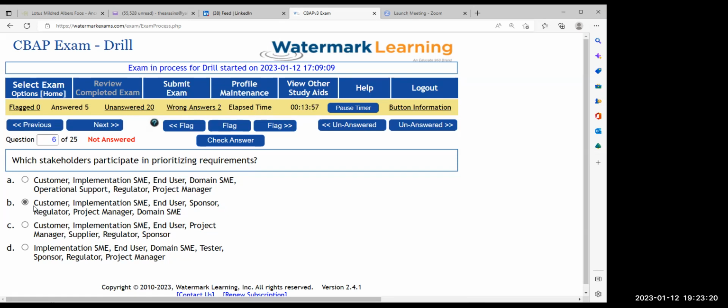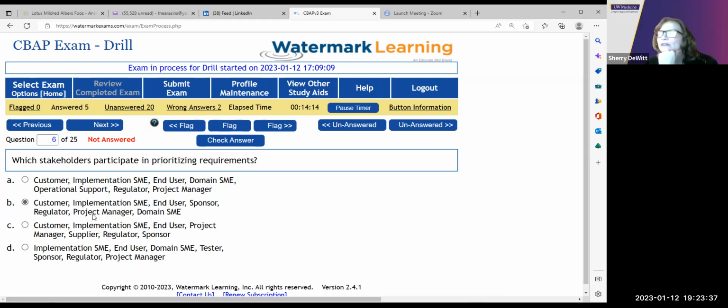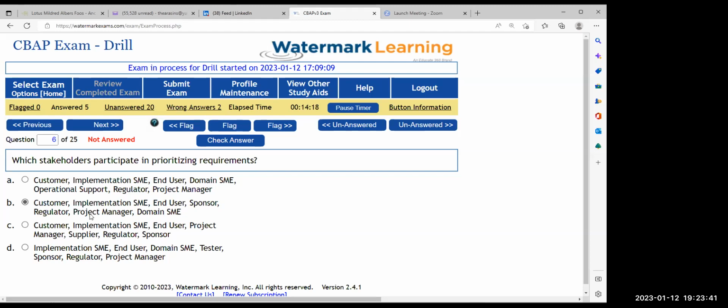Because it says participates in prioritizing requirements. Well, that would be the project manager, the customer implementation SME. Regulator? I'm not so sure about regulator, but it's in all of them, so it would have to be a regulator.